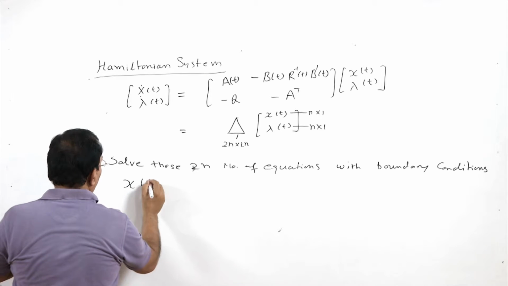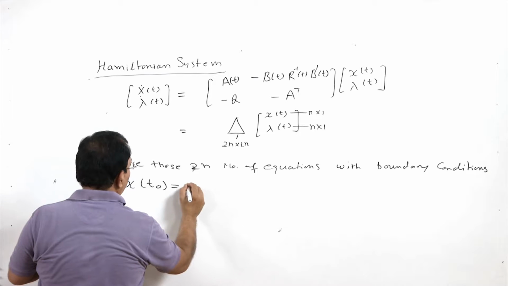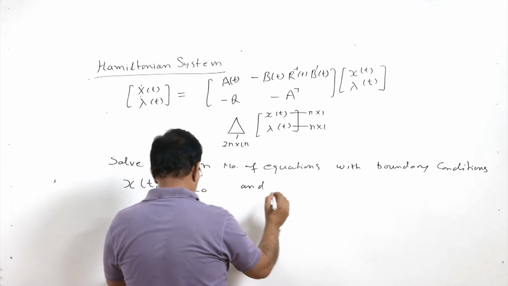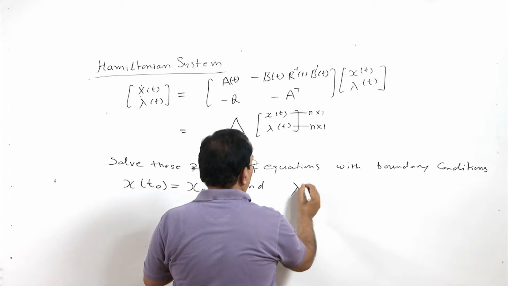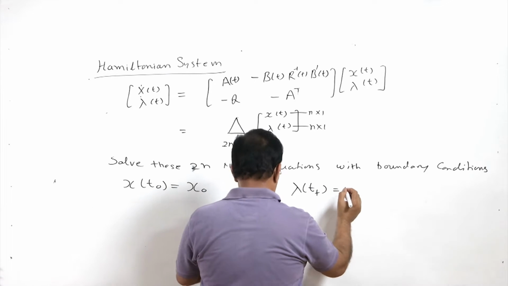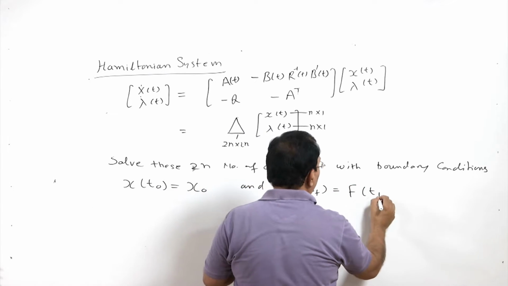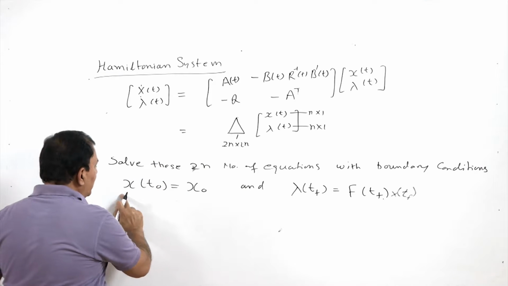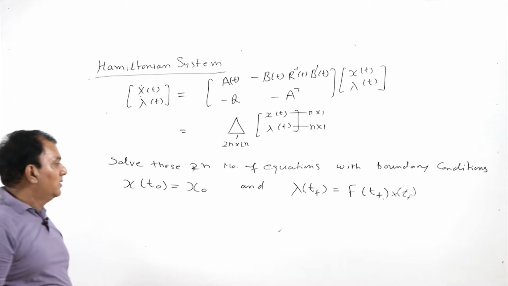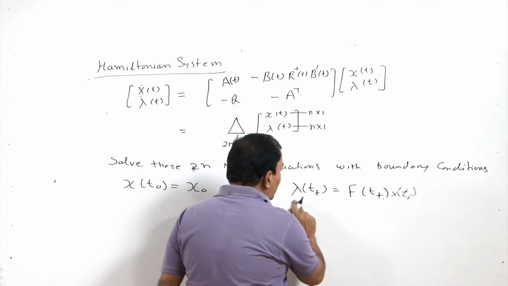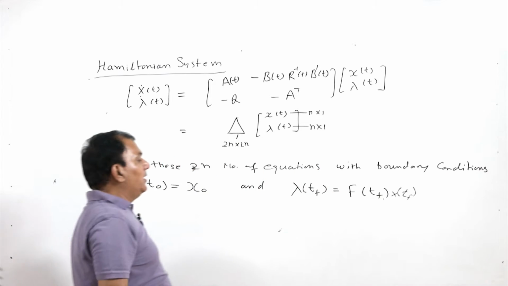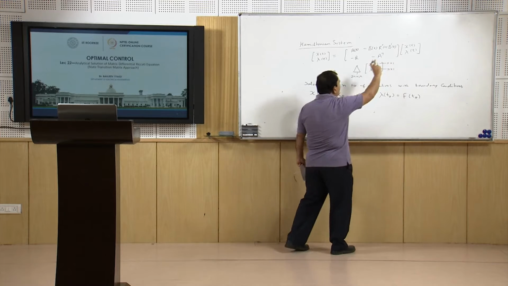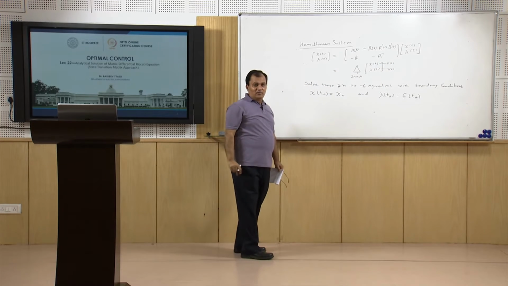We have x of t0 as say x 0, and lambda of tf as F of tf, x of tf. So, in case of the state we are given the initial condition, but in case of lambda we are given the final terminal condition. With this terminal condition our objective is to solve these 2n equations.